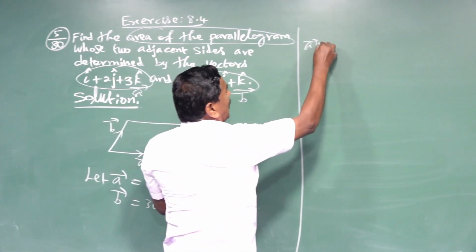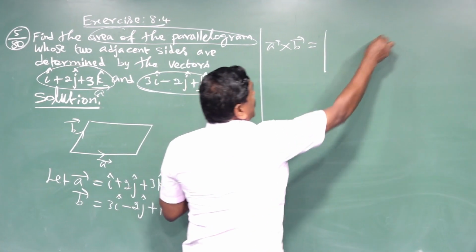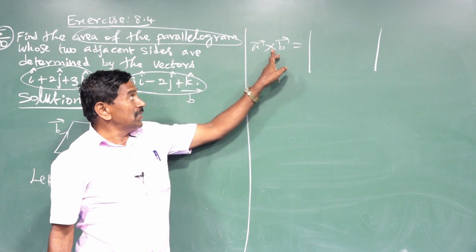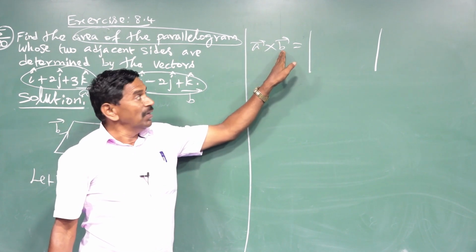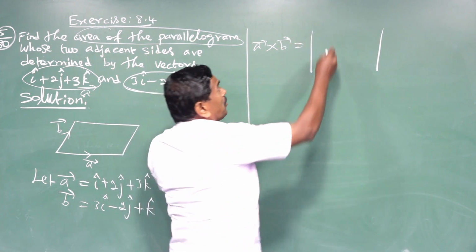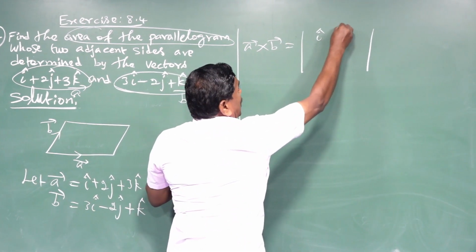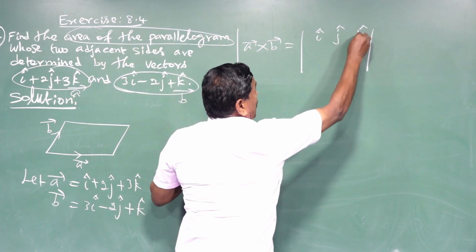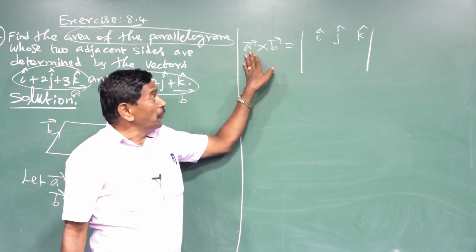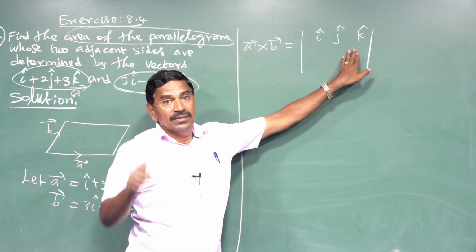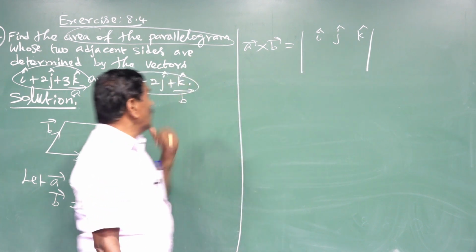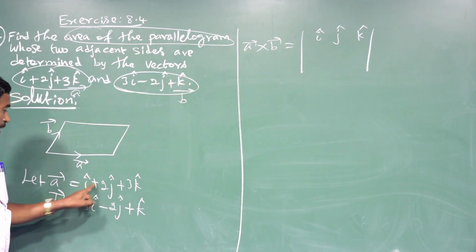Now I want to find A vector cross B vector. A vector cross B vector is equal to the determinant. If the cross product is defined between two vectors, its result is given by the determinant with rows i j k. Here A vector comes first, therefore the A vector coefficients go in the second row: 1, 2, 3.